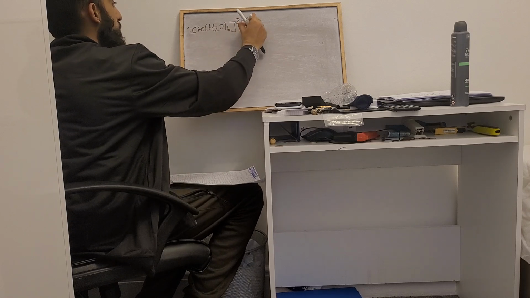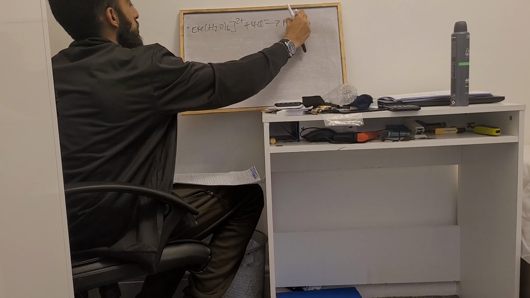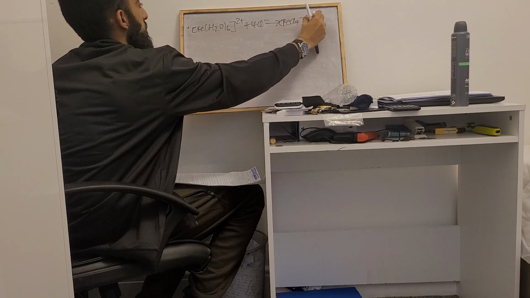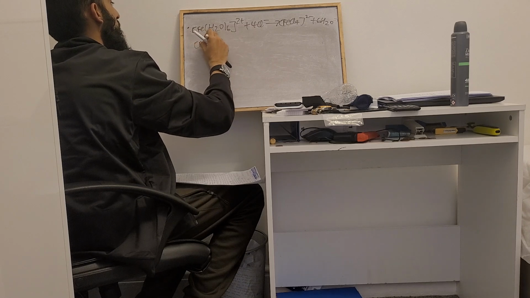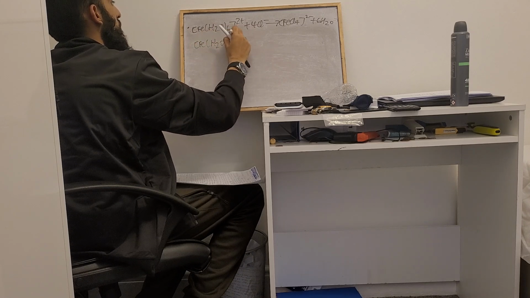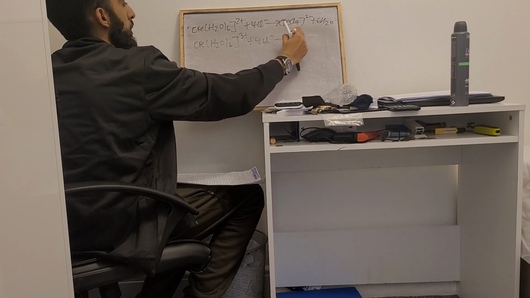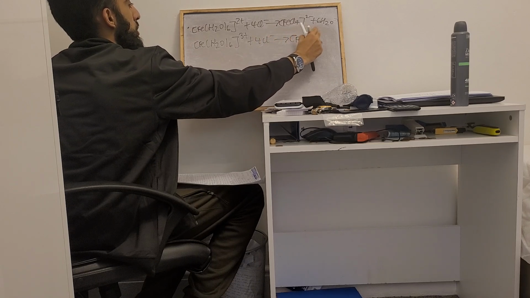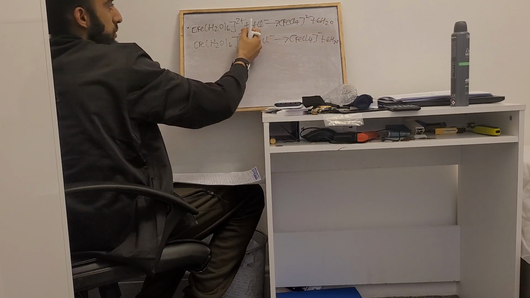So you've got this plus your 4Cl minus chloride ligands, forming FeCl4 2 minus plus 6H2O. Then you've got [Fe(H2O)6]3+ plus 4Cl minus. What's going to happen here? Well, I'm still going to form the same products, but this 2 minus charge is going to become a minus charge because I've got an extra charge.